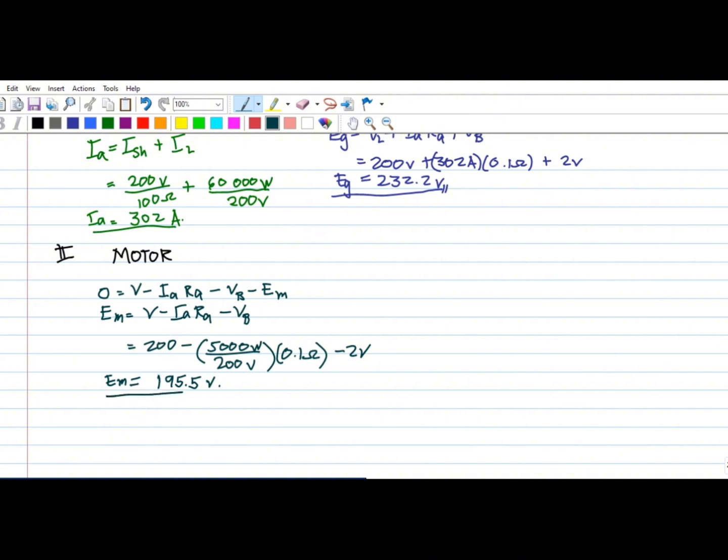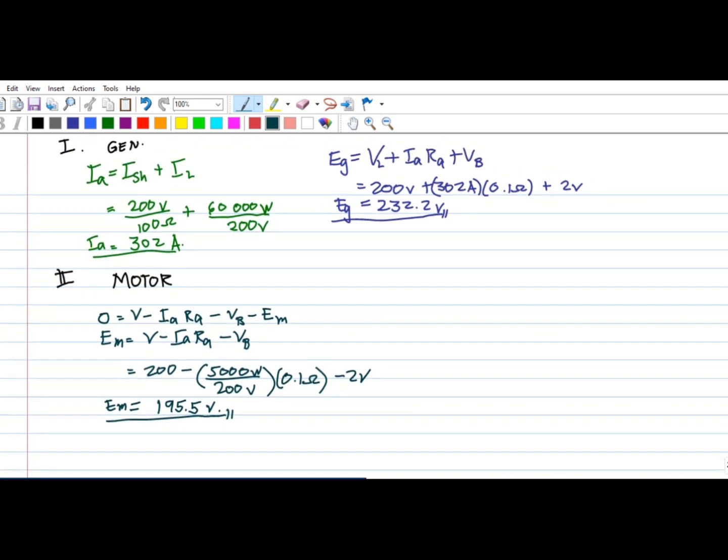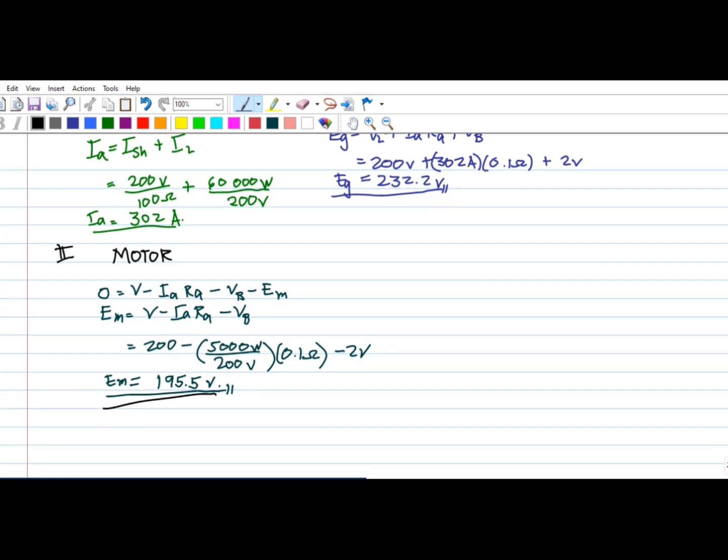So step 3. Now we have the E_G and also the E_M. What we are going to find is the RPM. Let's write the formula of the RPM.